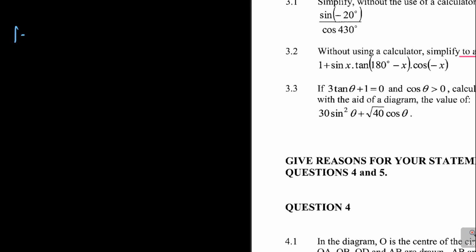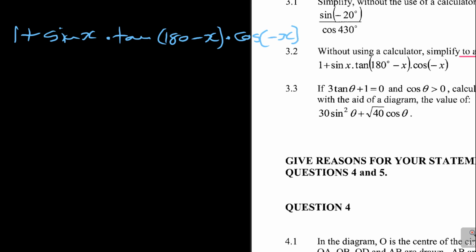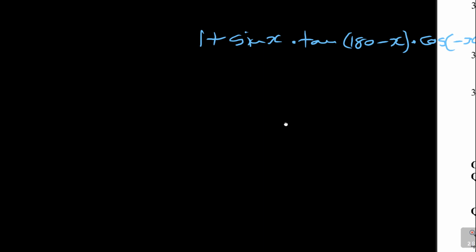I'm given 1 plus sine x, times 180 minus x, times cos of -x, another negative angle. You seeing that? So everything is multiplying.